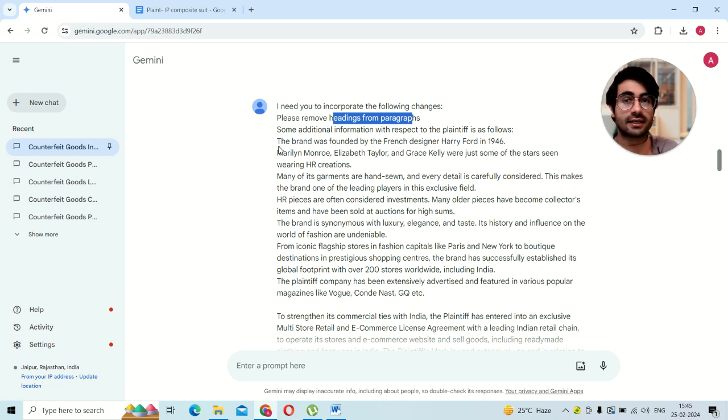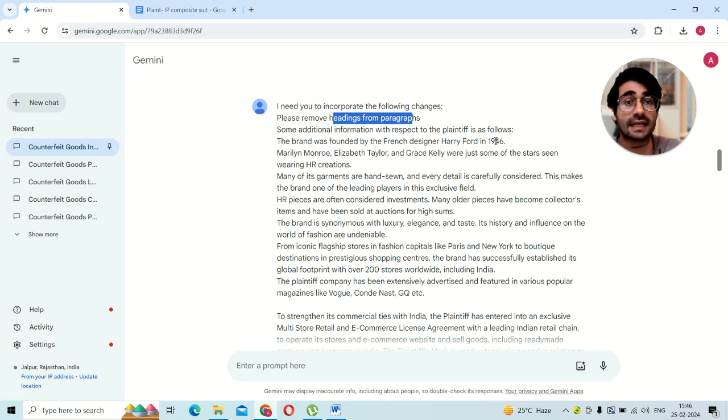So in all IP related cases, it's very important to establish that the plaintiff has that kind of a reputation in the market, which would be enviable, or which people trust a lot. So I provided this additional information.